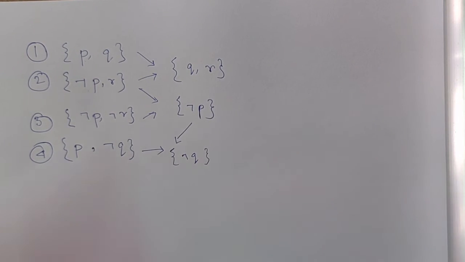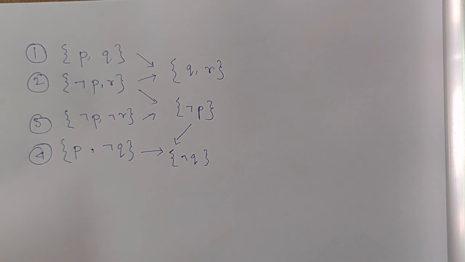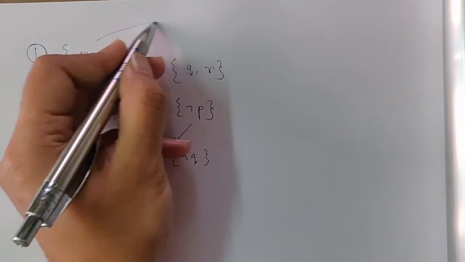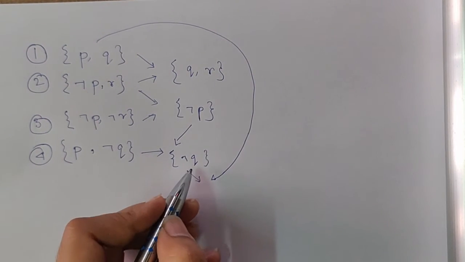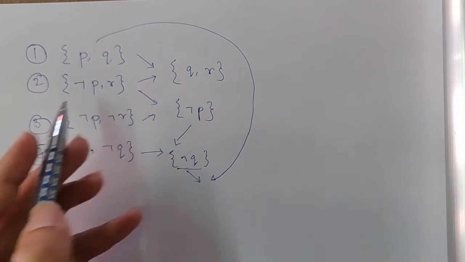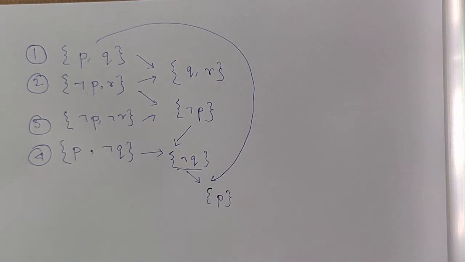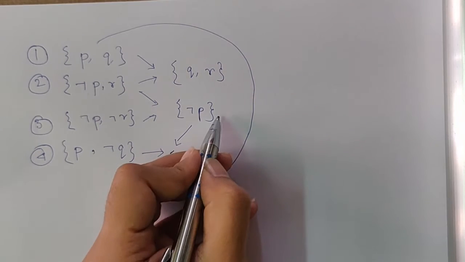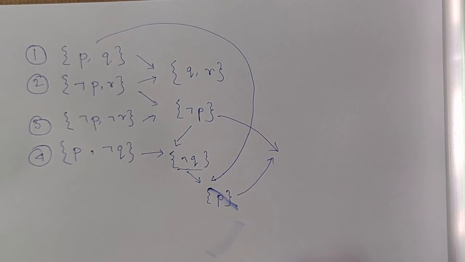Not Q. See, now I will resolve between these two. Not Q and P, Q. What will I get? P. Now I will resolve between P and not P. What will I get?